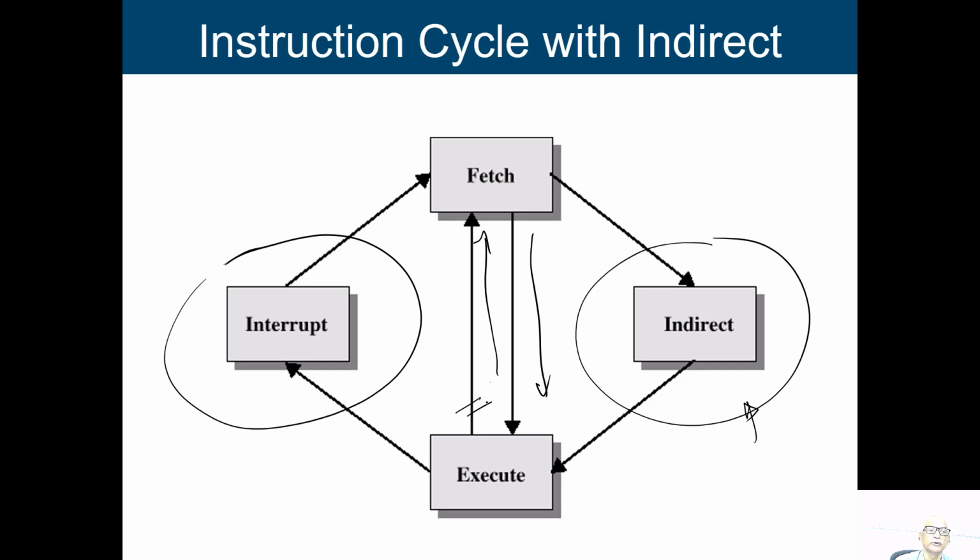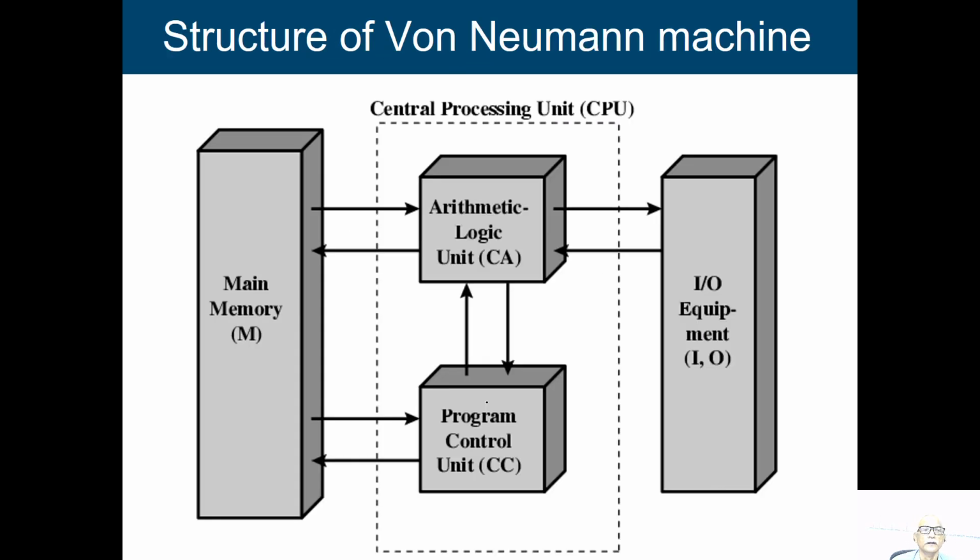So, for that reason we have this interrupt cycle. So, in due course of time we are going to discuss handling such types of interrupts. Okay. So, this is the structure we have already seen. Now, we will see how we are going to execute a program. So, what are the steps that are required?